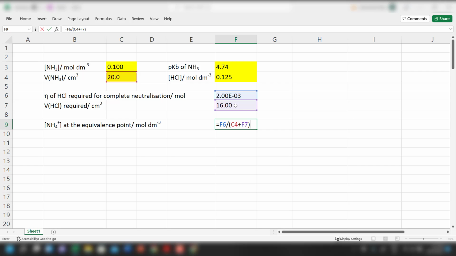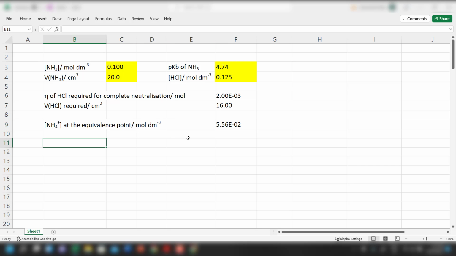From here, this will be the concentration in moles per cubic centimeter, so I need to scale to 1000. This is the concentration I'm getting, 0.0556 or 5.56 times 10 to the power minus 2.